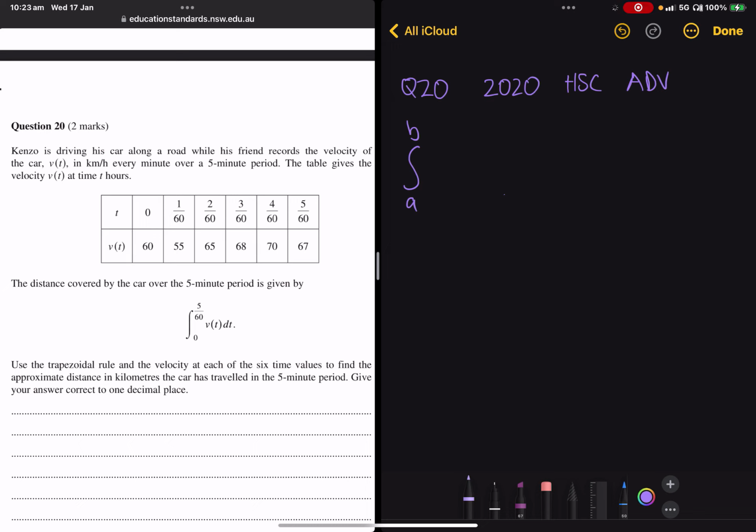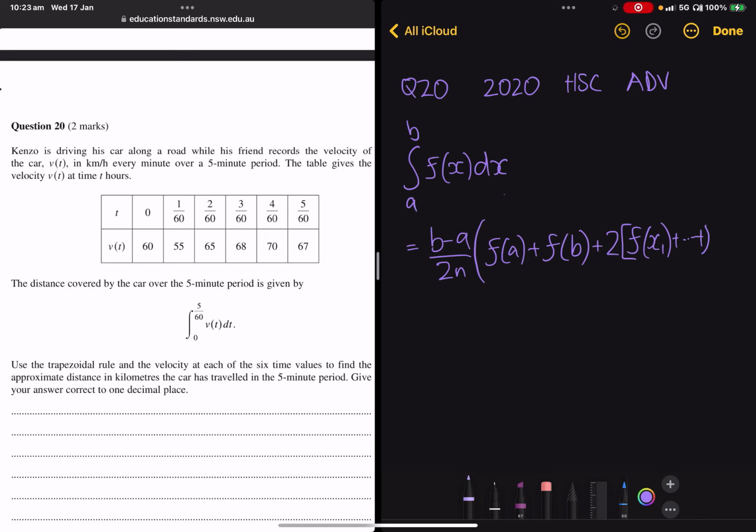The integral of f(x) dx from a to b is equal to (b minus a) over 2n, times [f(a) plus f(b) plus 2 times (f(x1) plus ... plus f(x(n-1)))]. So this is our approximation formula. Really all we're going to be doing is plugging in all of these values.